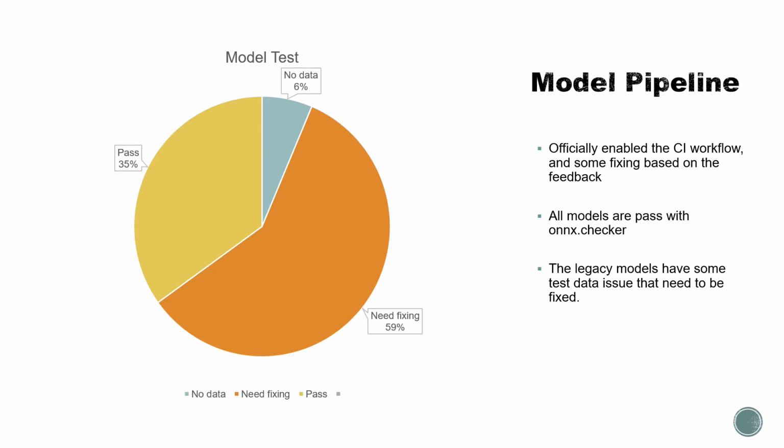We also do some statistics on the model status. Right now, all the latest models are checked and can be run with their testing data. But for the older ones, we still have some test issues, and we welcome contributions to fix them. The percentage is around 65, as you can see in this diagram.